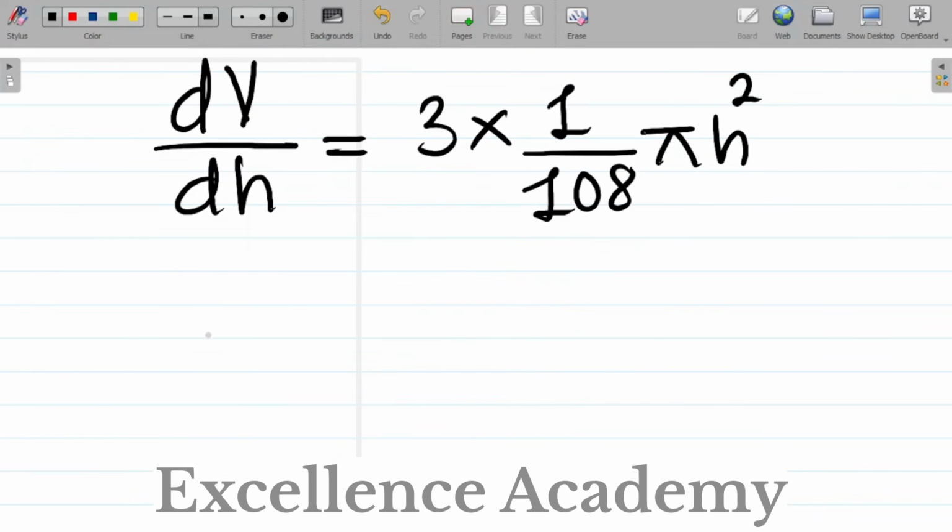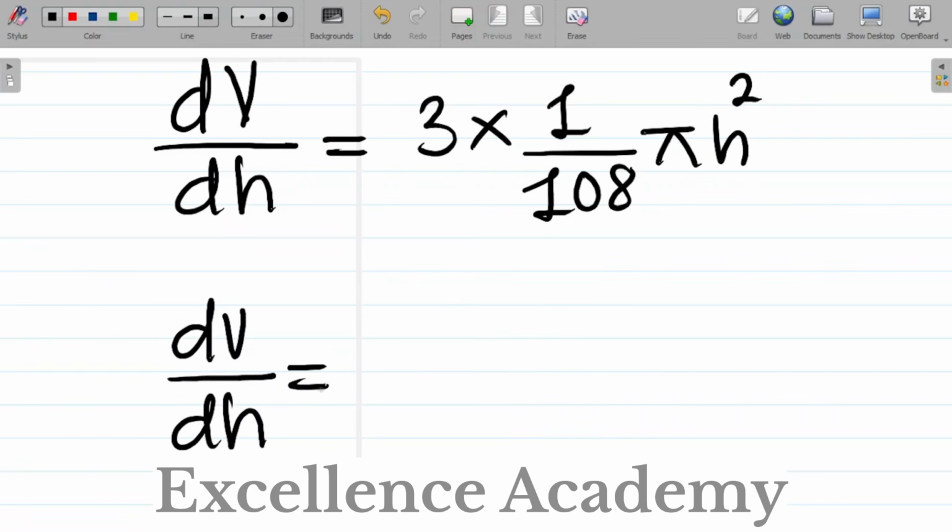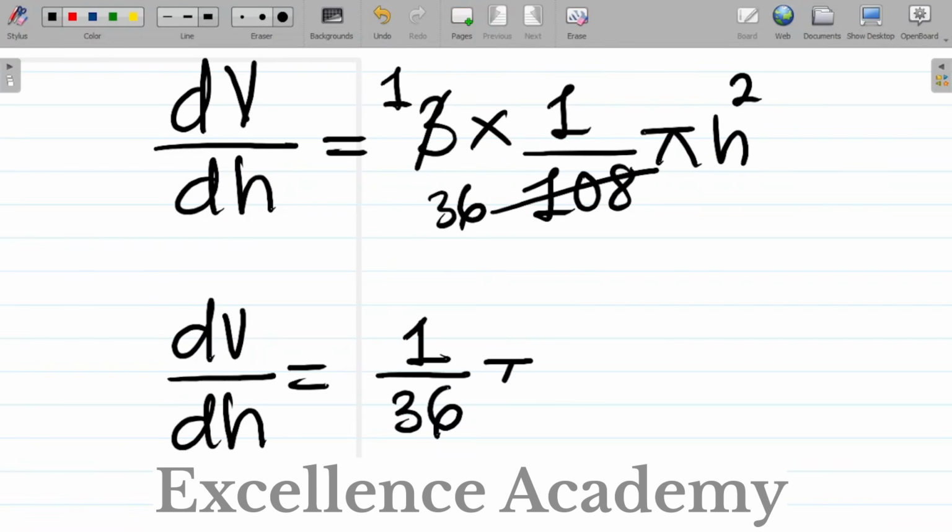This gives you dv/dh. It's equal to 3 over 108, which reduces to 1 over 36. So 1 over 36 into pi h squared. That's the value of dv/dh.